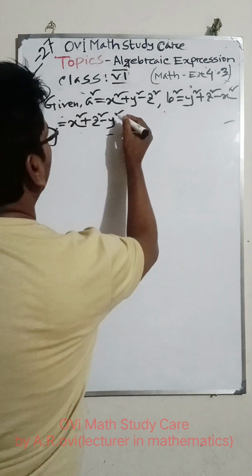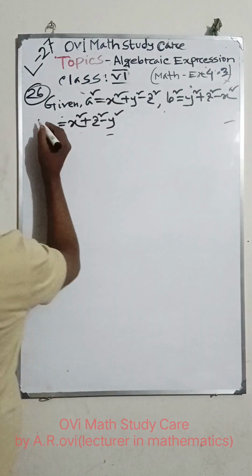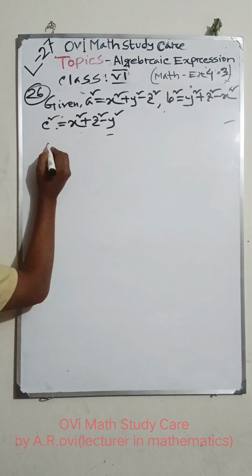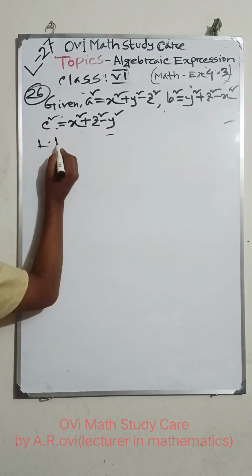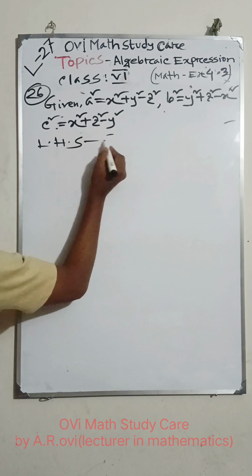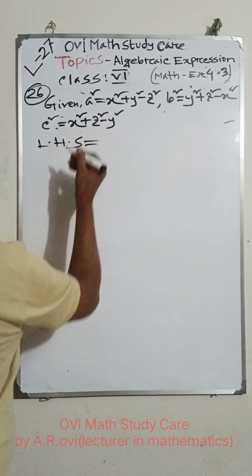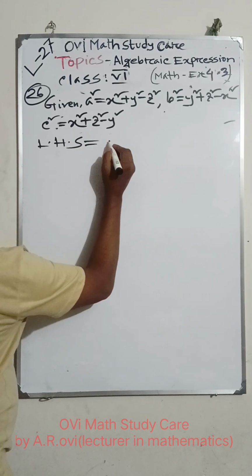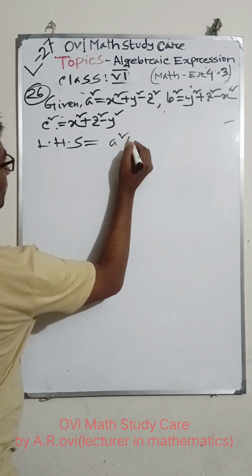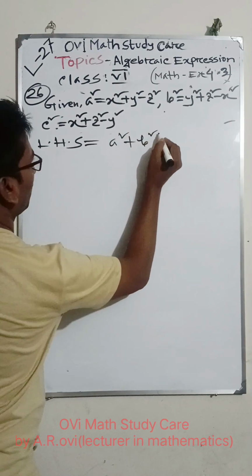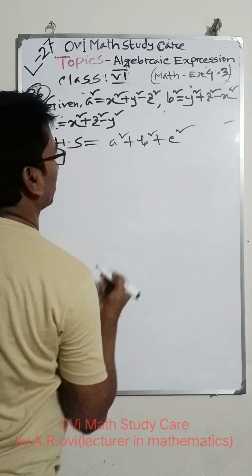Given a square, b square, c square. Okay, so LHS. LHS equals a square plus b square plus c square.